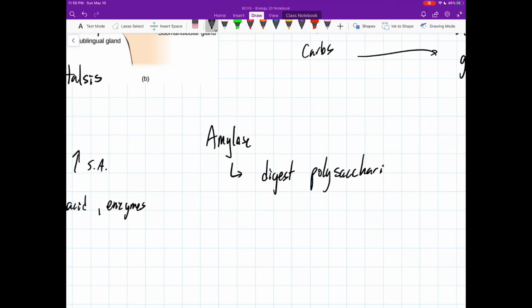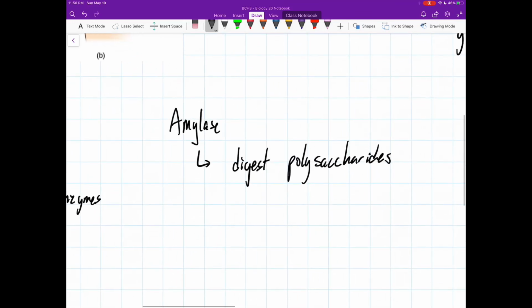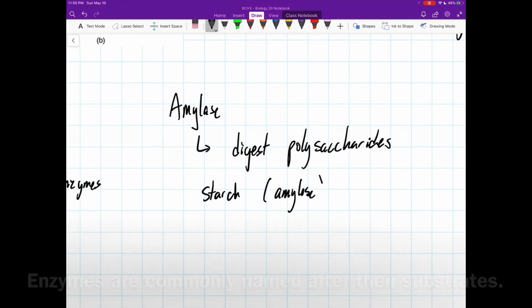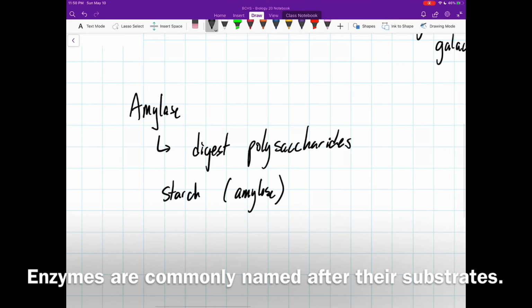So polysaccharides, for example, like starch. Sometimes we refer to starch or a form of starch as amylose. Basically its job is to take starch or amylose and break it down into smaller sugars like disaccharides.